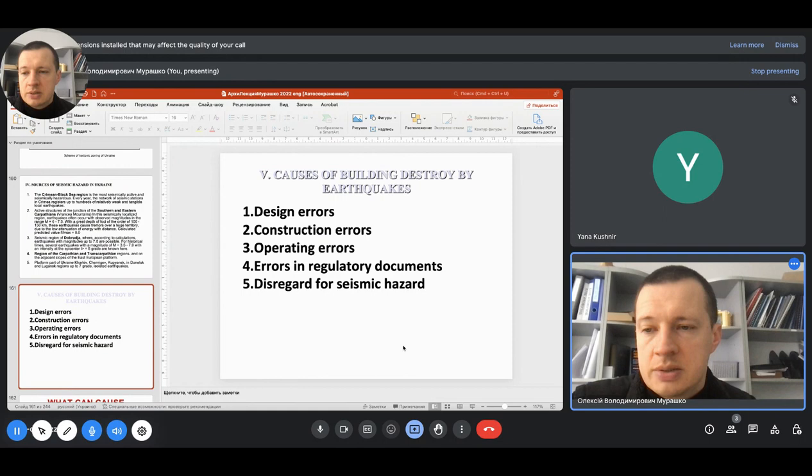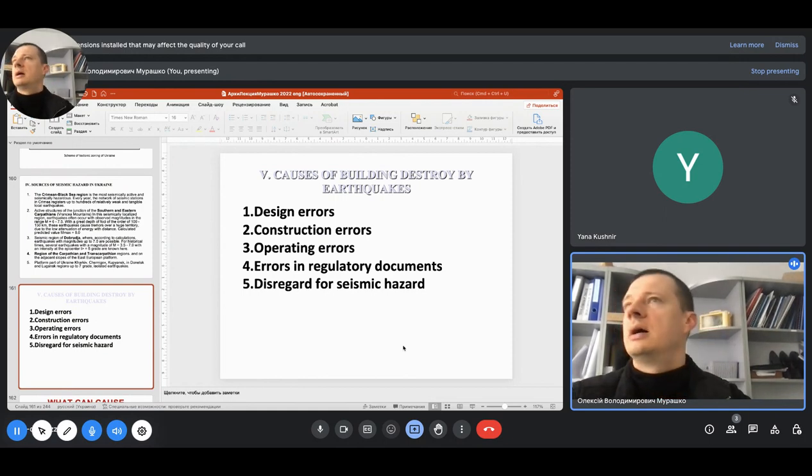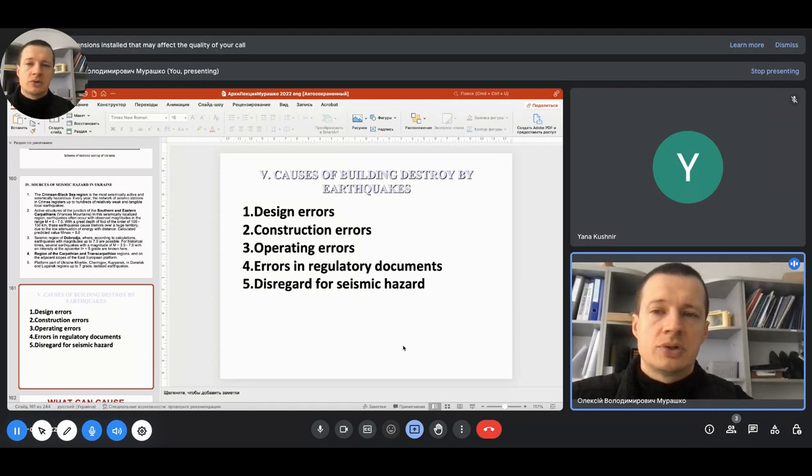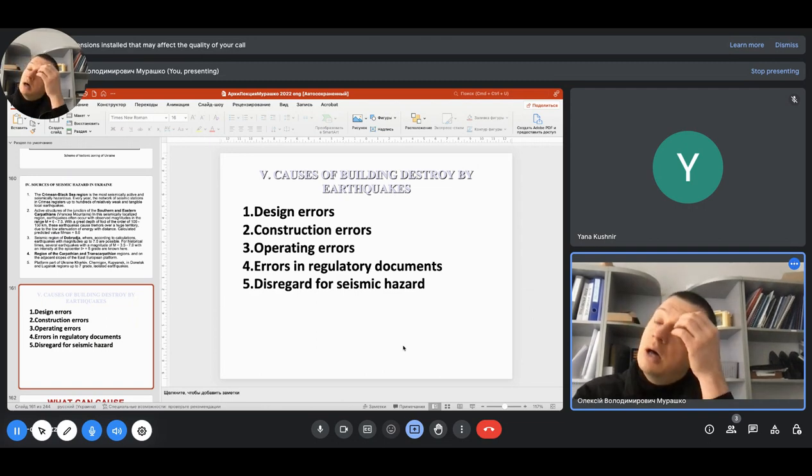Those are local earthquakes. So we have considered the main causes of earthquakes, and right now we also have to consider the causes of buildings destroyed by earthquakes. The destruction is connected with various errors. First of all, design errors. Next, construction errors, those that can be made on the construction side. Operating errors, meaning ineffective operation of those buildings.